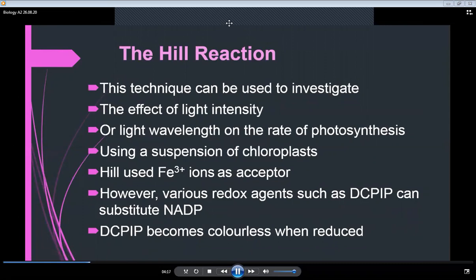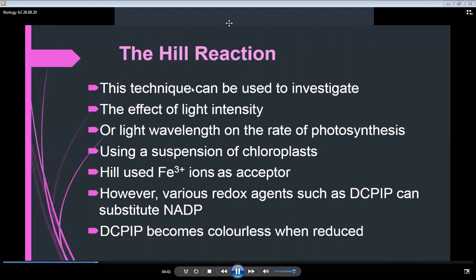As a result, hydrogen ions are released, which are picked up by a hydrogen carrier molecule. This is what happens in natural conditions. But now, rather than NADP, we are using some redox agent to investigate this reaction once the chloroplasts have been isolated from the plant cells.